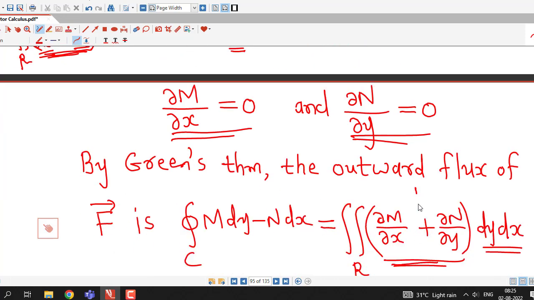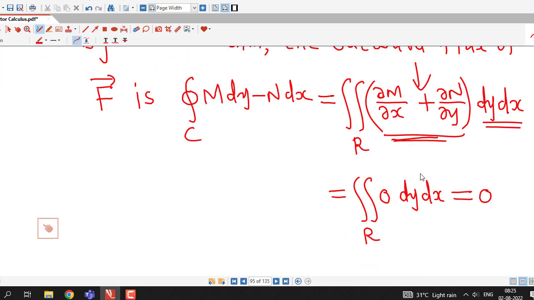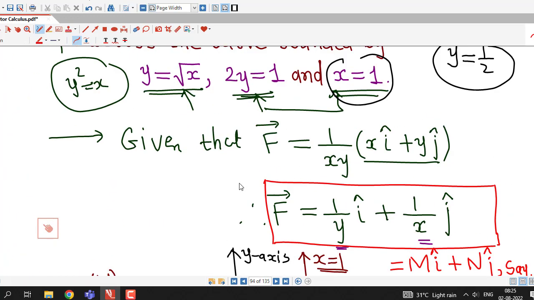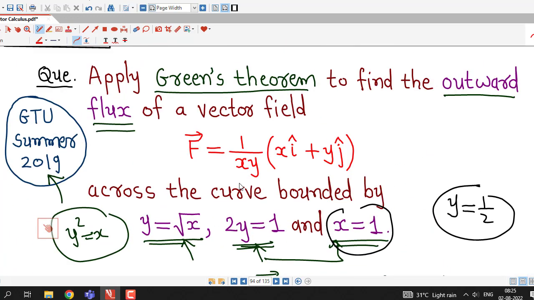If this is 0, then you can directly write that the outward flux of the given vector field along curve C is 0 by Green's theorem. So we have obtained the outward flux of this vector field f bar across the curve C, and we find that it is 0.